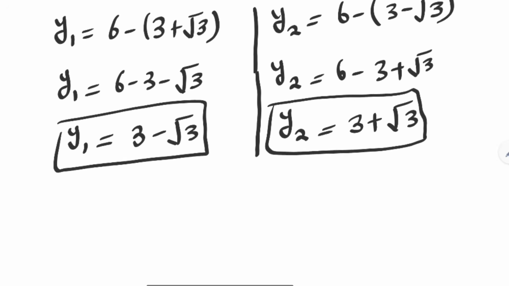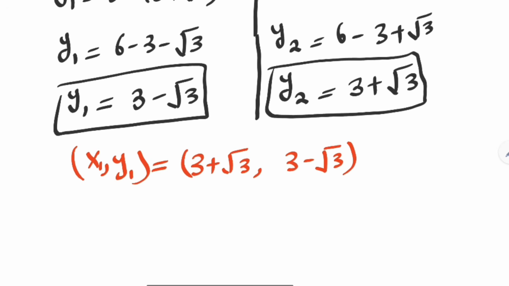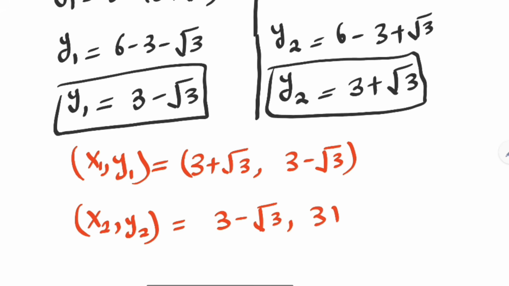Therefore, our final answers are x1, y1 is equal to 3 plus root 3, 3 minus root 3. x2, y2 is equal to 3 minus root 3, 3 plus root 3.